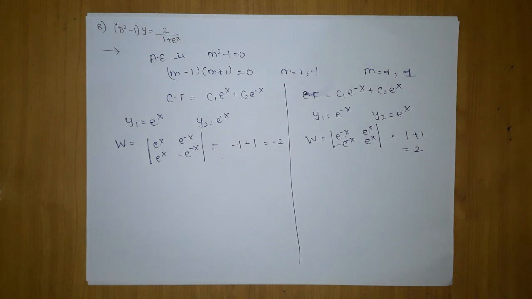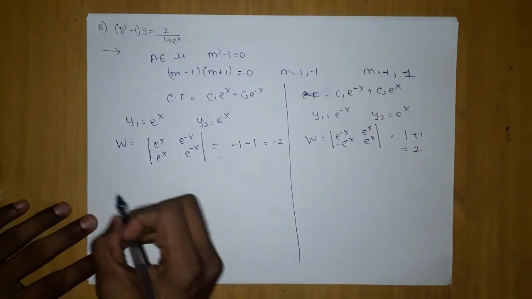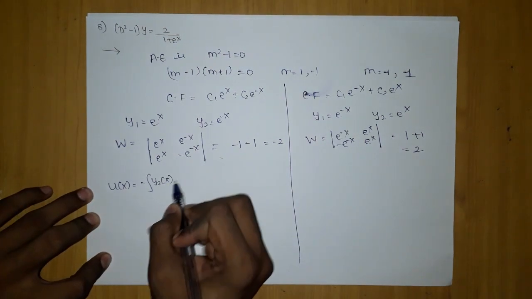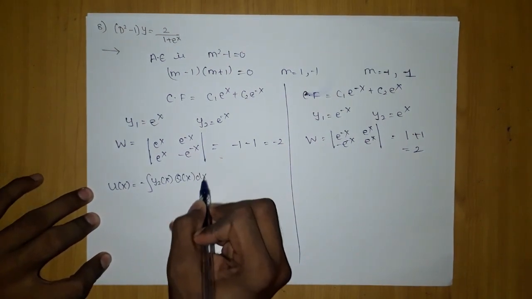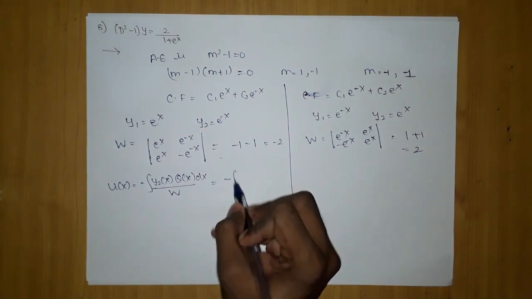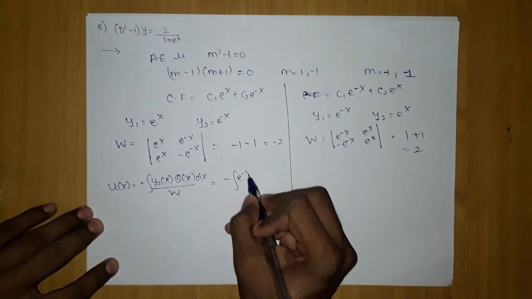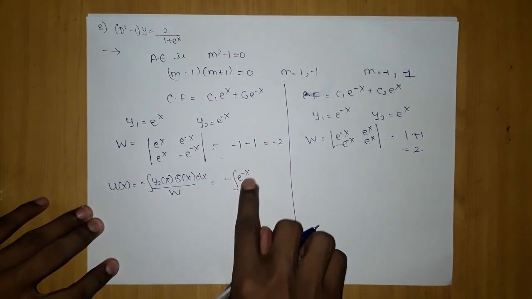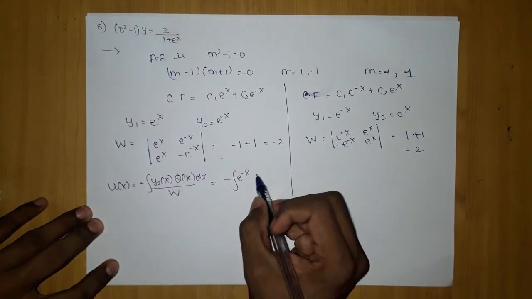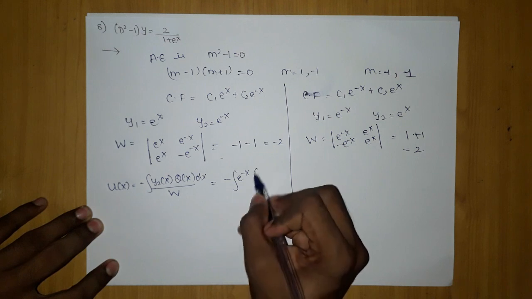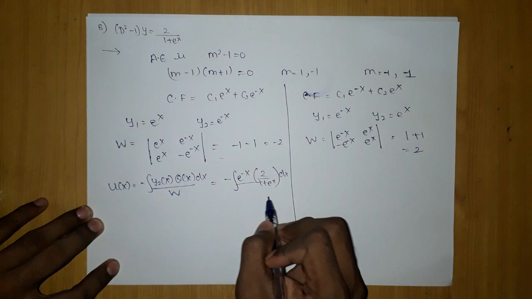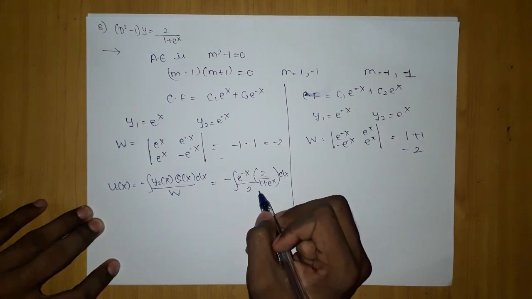Now what we are going to do, we are going to find u of x in this case, minus y2 of x into Q of x into dx by W, which will give me something like minus integral e to the power minus x into Q of x, which is 2 by 1 plus e to the power x, agree, into dx by W. W is what? 2. So 2 is getting cancelled out.